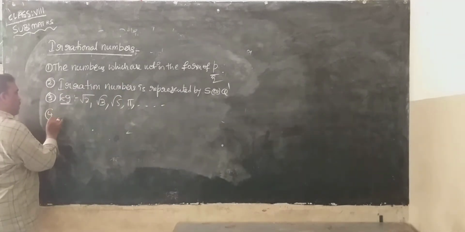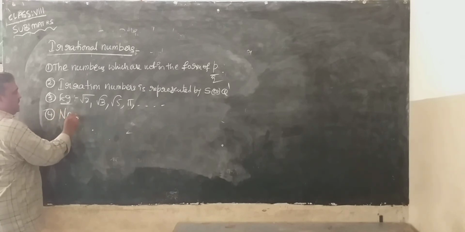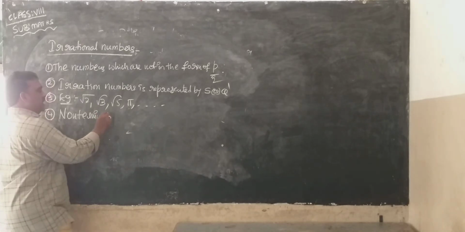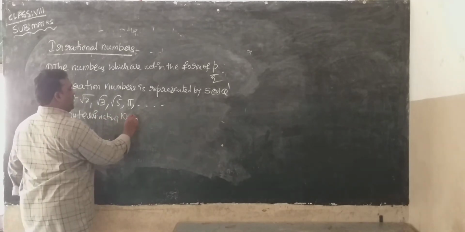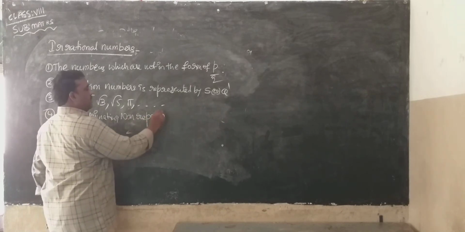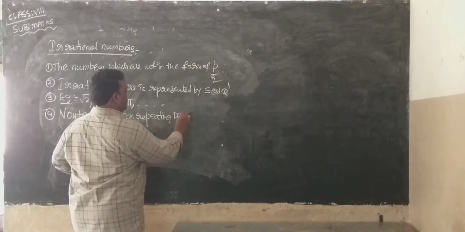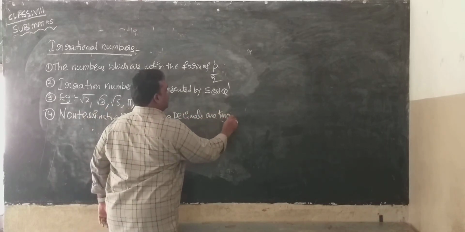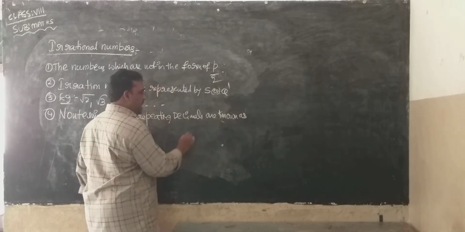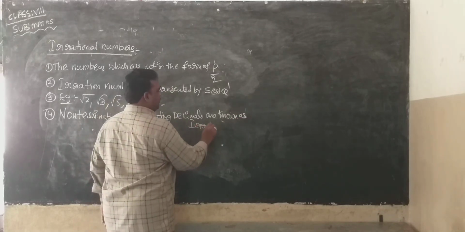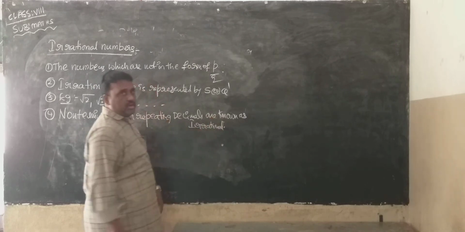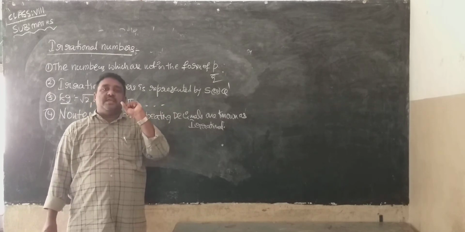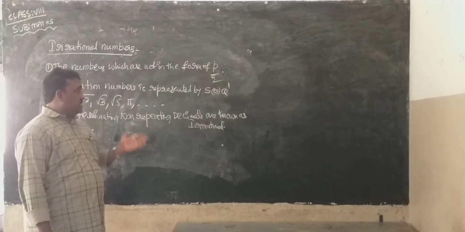Fourth important point: non-terminating, non-repeating decimals are irrational numbers. Terminating decimals are rational numbers. Non-terminating repeating decimals are rational numbers.